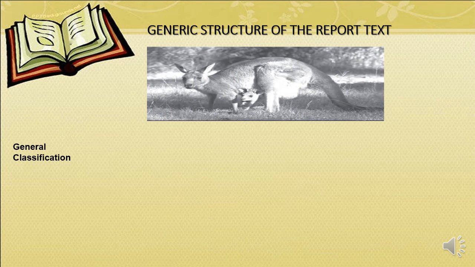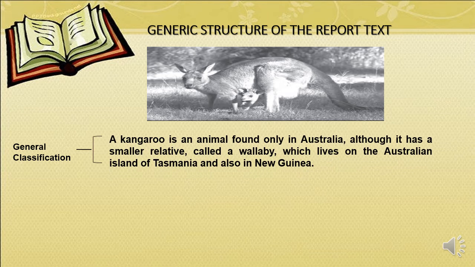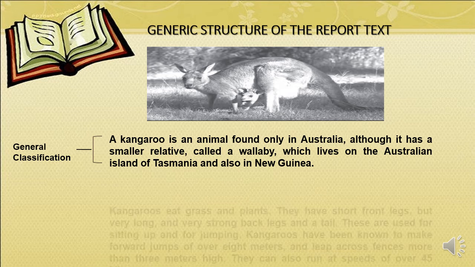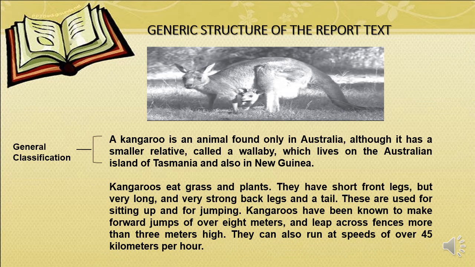In this text, there are 2 paragraphs. The first paragraph is called General Classification. In this paragraph, you have to classify the general specification of the kangaroo. In the second paragraph, you have to write description.